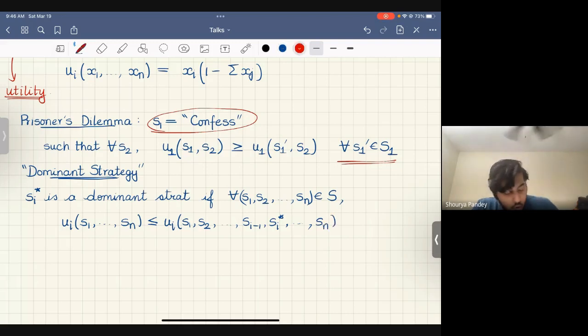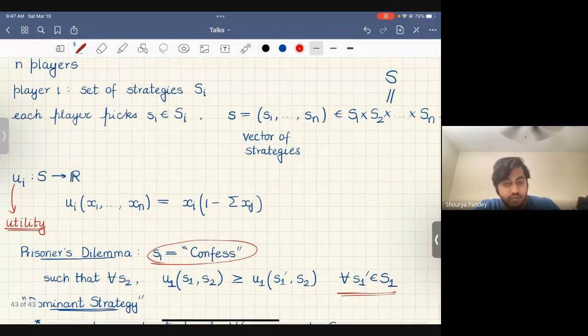That is, no matter what Si is, it's always at least as good to pick Si star as the strategy. Here S is S1 cross S2 cross up to Sn.